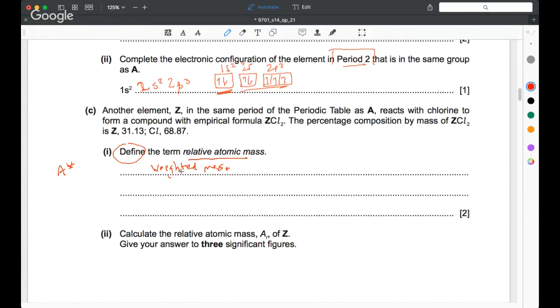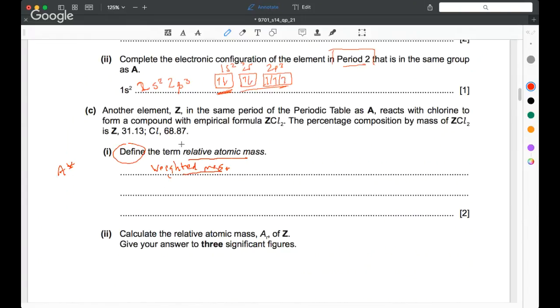In the case of chlorine, about 25% is chlorine-37 and about 75% is chlorine-35, so the weighted average is closer to 35 than it is to 37. The weighted average relative atomic mass for chlorine is 35.5. So we need this note that it's a weighted mean of the relative isotopic masses. We needed that in the definition.